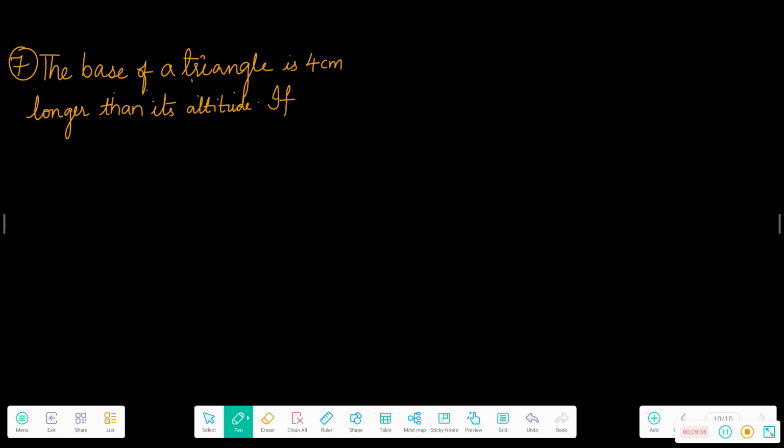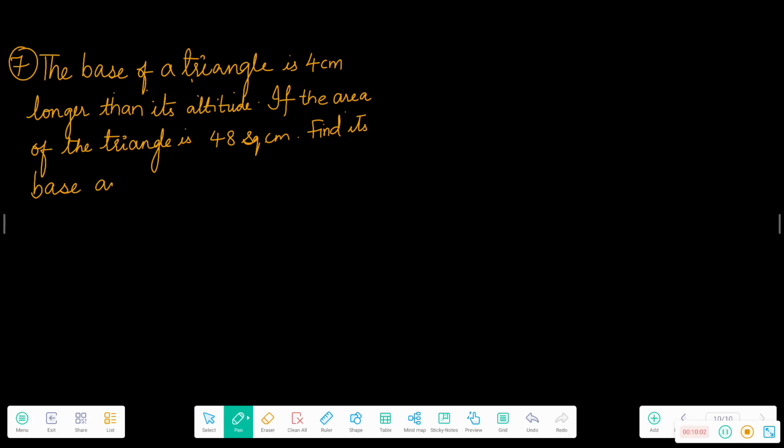If the area of the triangle is 48 square centimeter, find its base and altitude.